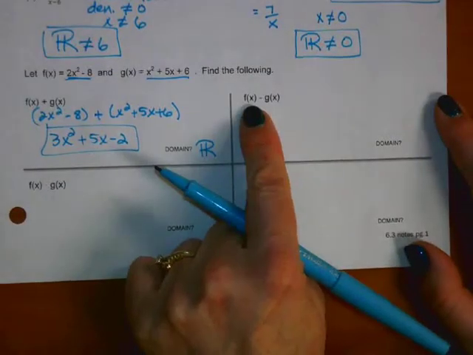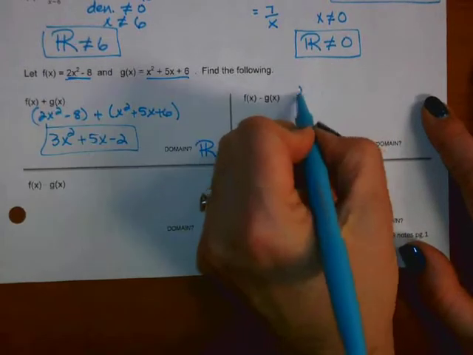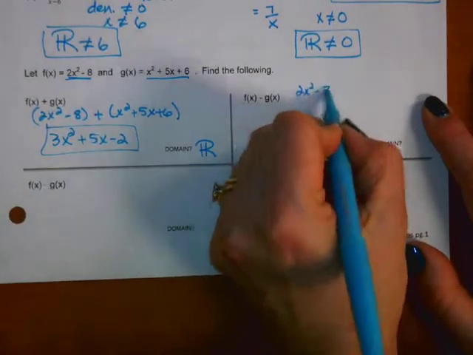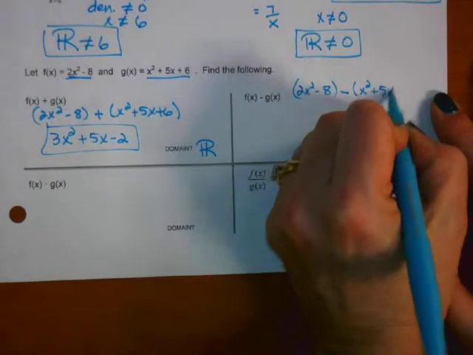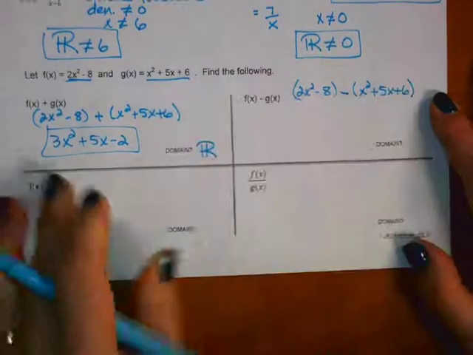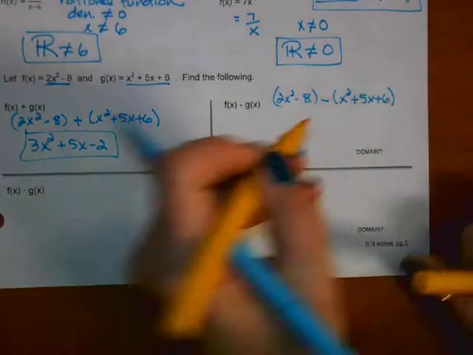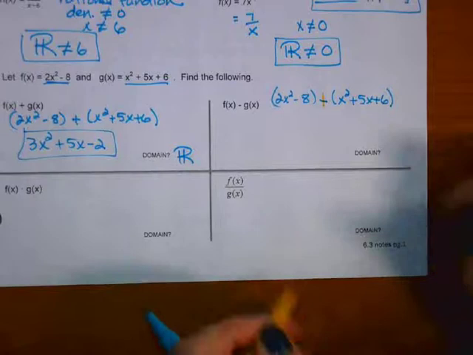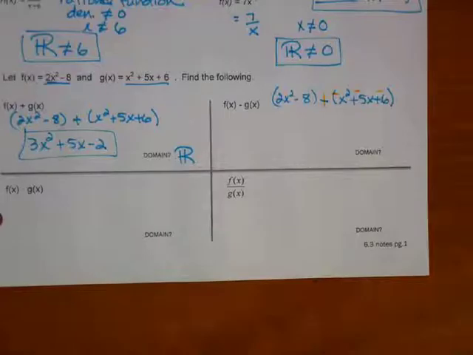What's this saying to do? Subtract. You take f of x and you subtract g of x. So you have to be careful here. The easy way to do this is just change this to an add and distribute that negative and just change all the signs inside to their opposites.